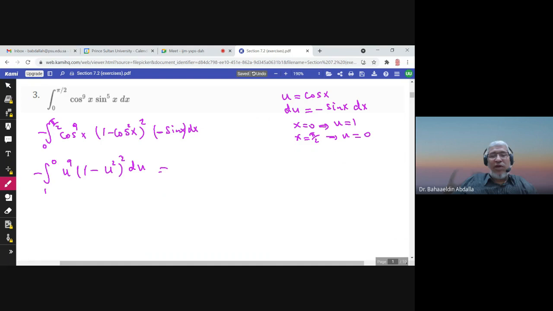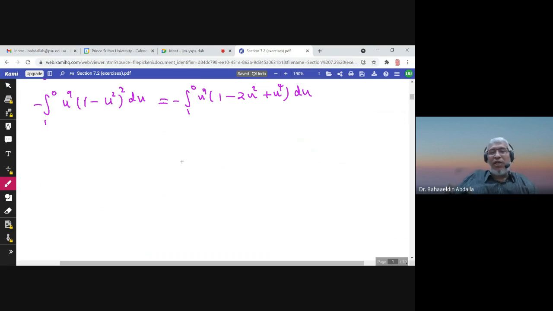And now let us evaluate this integral. Before evaluating, I need to expand 1 minus u squared to the power 2. So it's 1 minus 2 u squared plus u to the power 4 du. And then I need to multiply by u to the power 9.